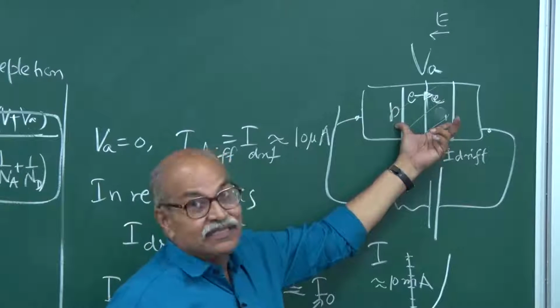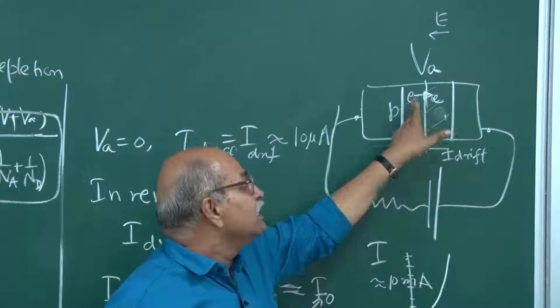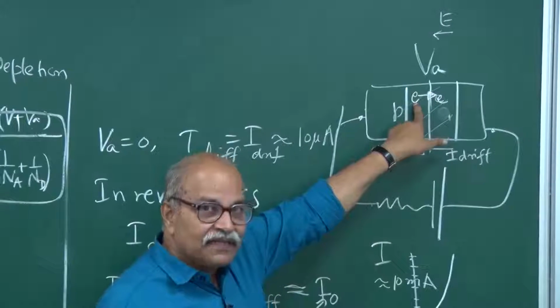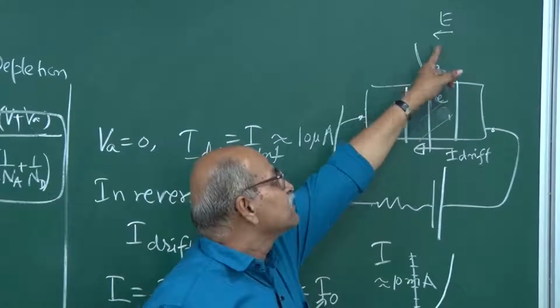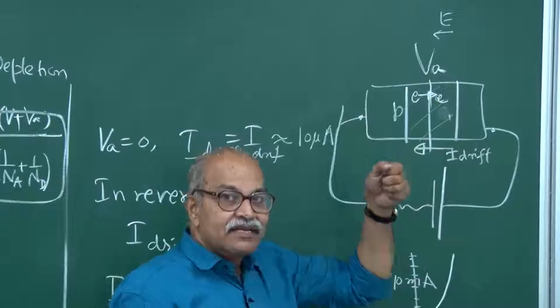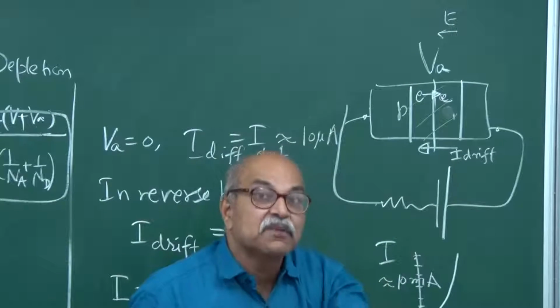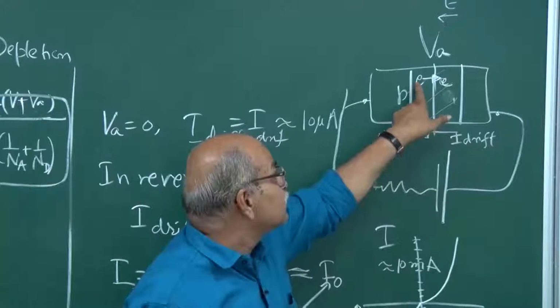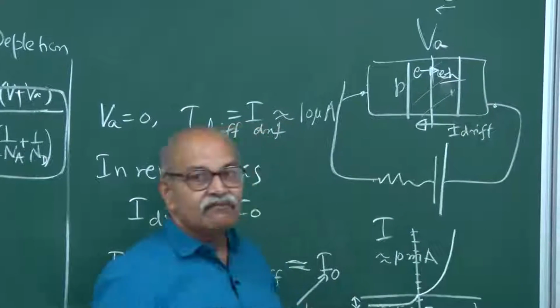And the depletion region is wide. Therefore, it has sufficient time also. So, it can gain so much energy in this depletion region because of the effect of this electric field that it can knock off an electron from the bond, and this electron can produce a new electron-hole pair.